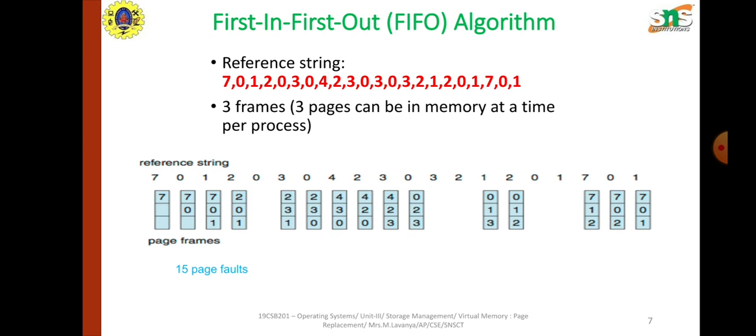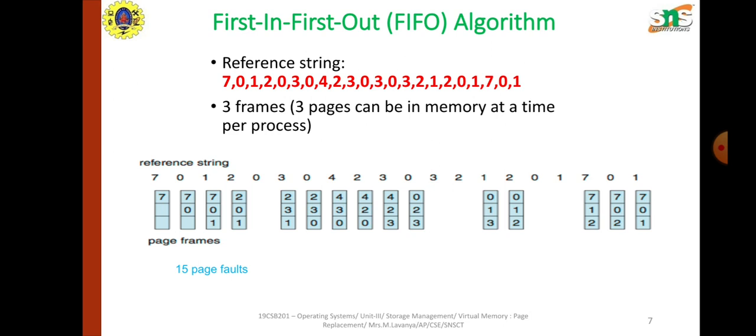When we see the frame, 2, 0 and 1 are the data available. So 3 is newly arrived data, and we have to select the victim. For selecting the victim, we will consider the first arrived data. In 2, 0 and 1, 0 is the value which arrived first. So in the place of 0, the value of 3 will be replaced.